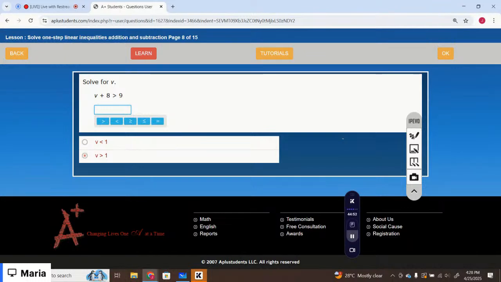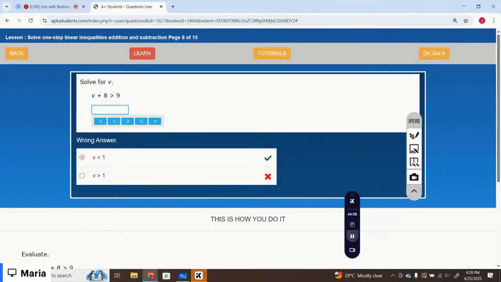Option number 2 is the correct option. That is V is less than 1. Option number 1 is the correct option.